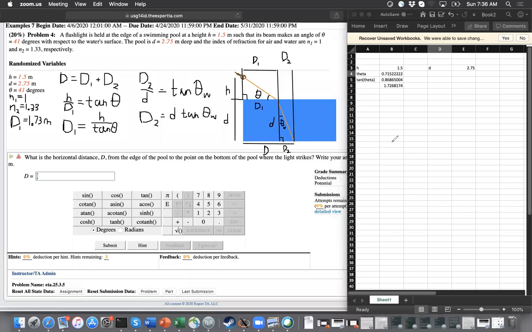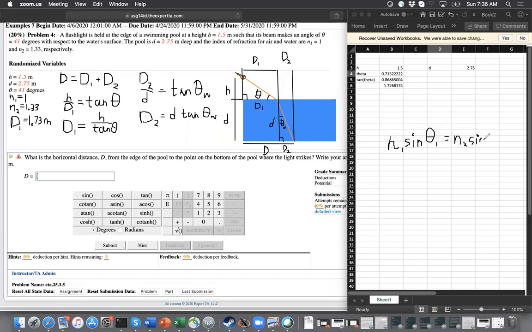Well, we're going to use the law of refraction, which I'm writing over here. N1 sine theta 1 equals N2 sine theta 2.